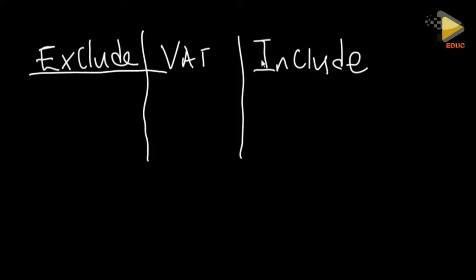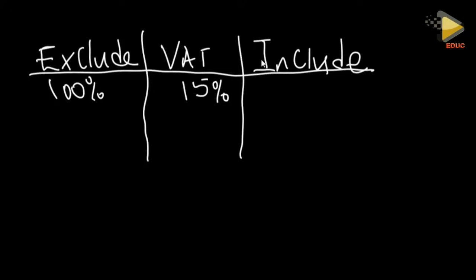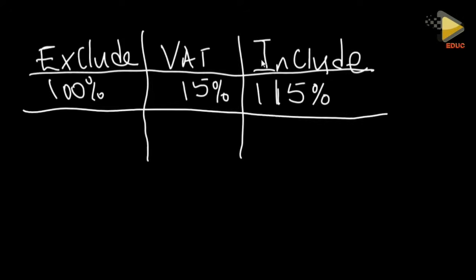Those are the three categories. At first, the price is at 100%. Now, if you're going to include the 15%, so exclude plus the VAT, you get what we call VAT inclusive, and you end up having 115.